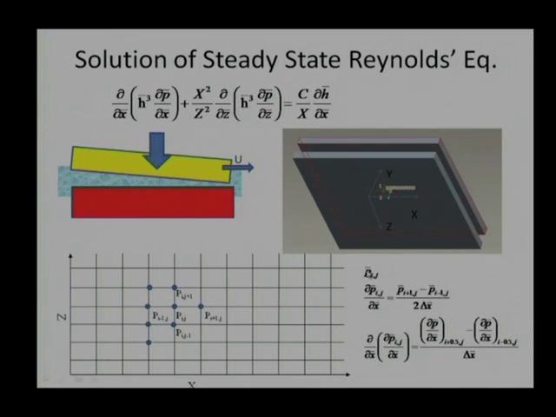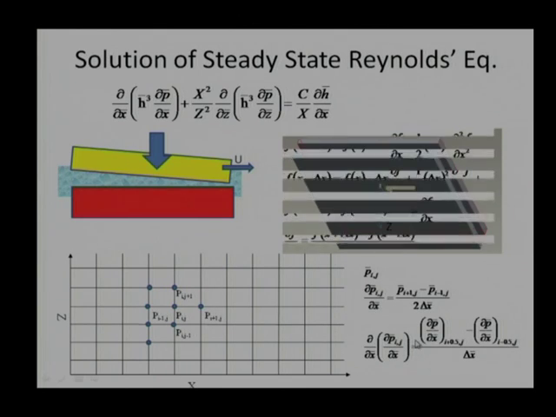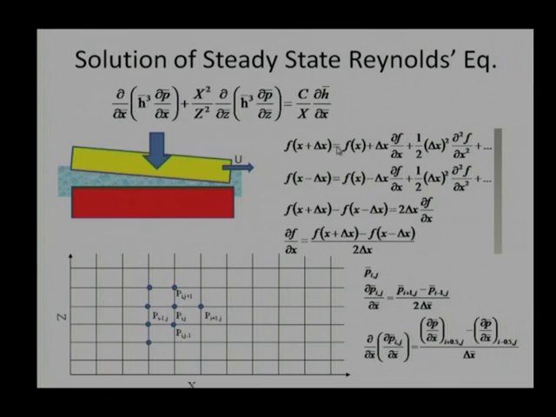This expression is related to Taylor series, and Taylor series was expressed right here, f as a function of x plus delta x and f as a function of x minus delta x.